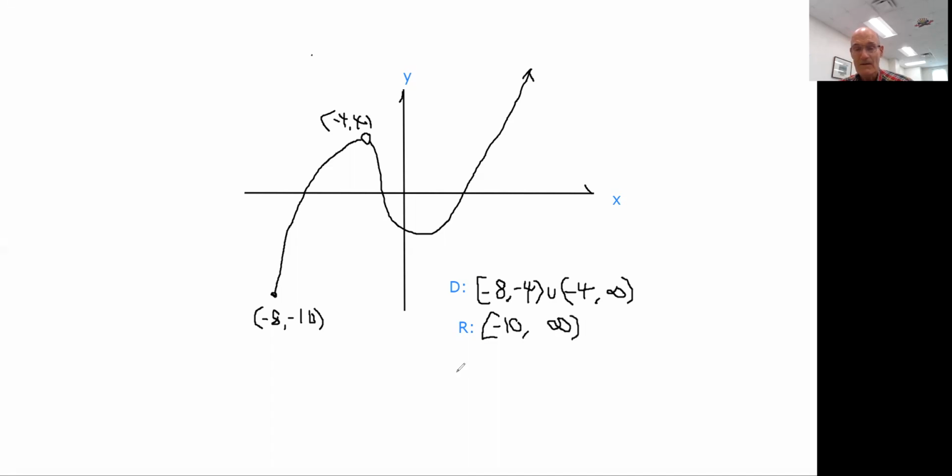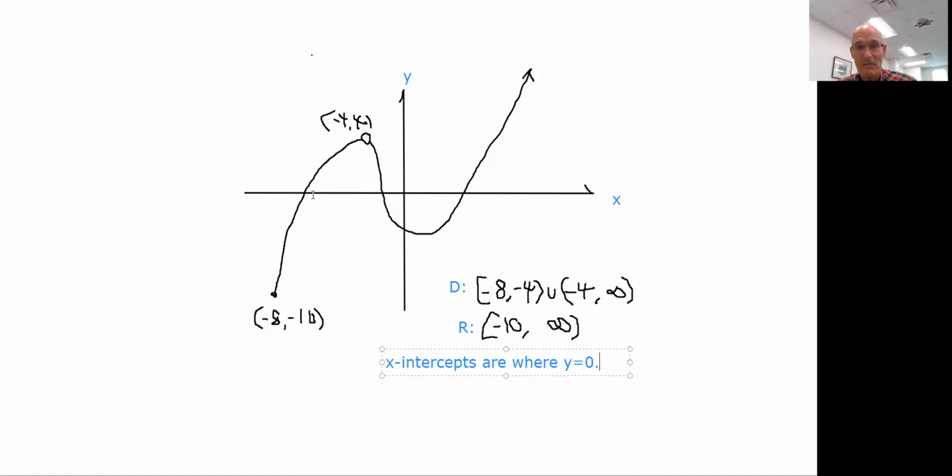Now, the only other thing we talked about here, we talked about x-intercepts and y-intercepts. So if we come down here, x-intercepts is where we cross the x-axis, and that means where y equals 0. Okay, so if I set y equals 0, I get my x-intercepts.